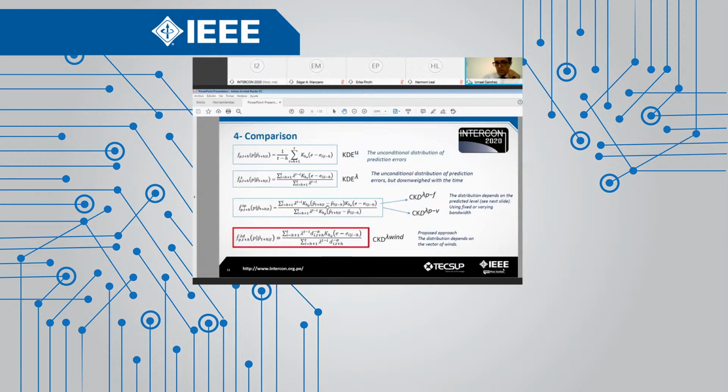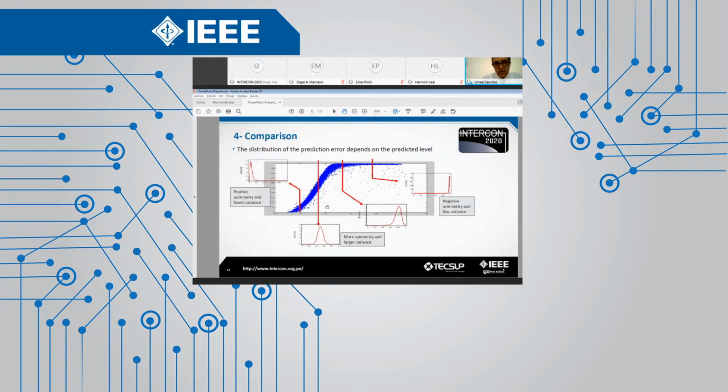I'm going to pass to the next slide to explain that. It is known that depending on the level of the predictions, expected high or low levels of production, the shape of the distribution is going to change. At the extremes, when the wind is very low or very high, the production error is asymmetric, positive or negative, and with low variance.